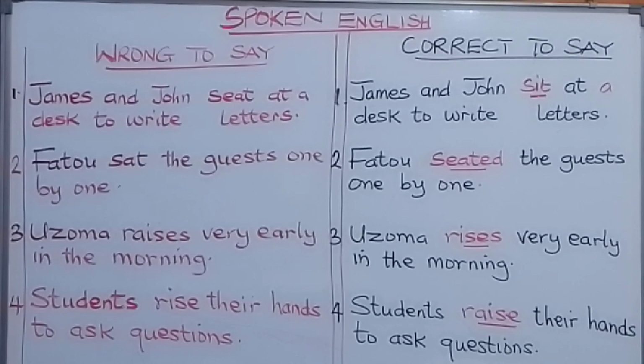So we have to understand the principal parts of the two verbs. SIT, SAT: you say sit, sat, sat. SIT, SAT, that is the past tense. SAT, that is the past participle. But SEAT, the past tense of it is SEATED.